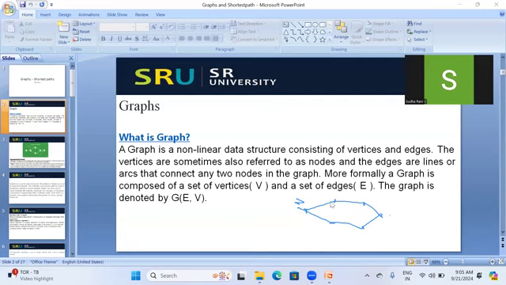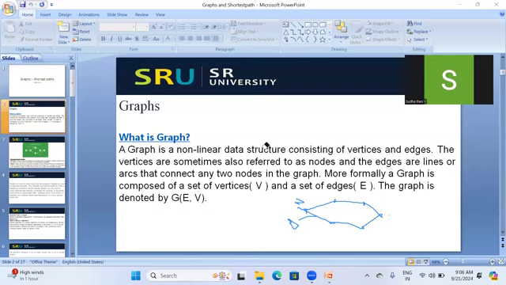So these are the nodes, and the lines connecting one node to another node are called edges. The vertices can also be called nodes. And here we have the edges.